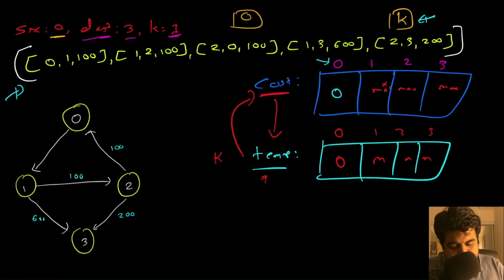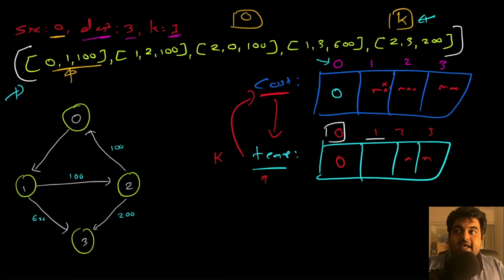Now the first thing is that in order to reach city number 1, it takes us $100. So we are going to update that information. But first we are going to check that the source city that we are traveling from already has some value and it is not the maximum value. Because if any particular city has the maximum value, that means that city is not reachable.